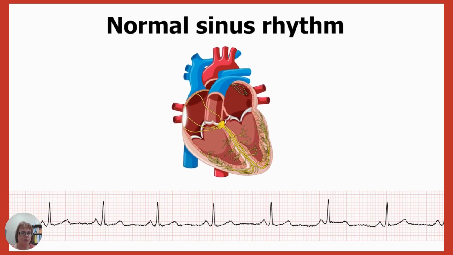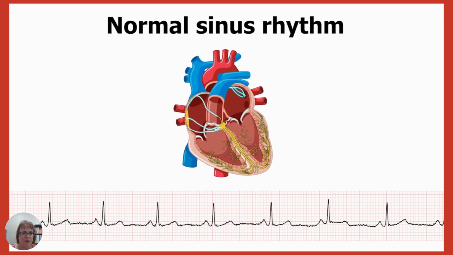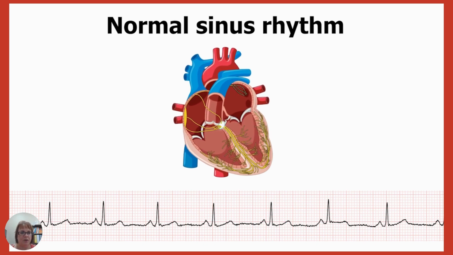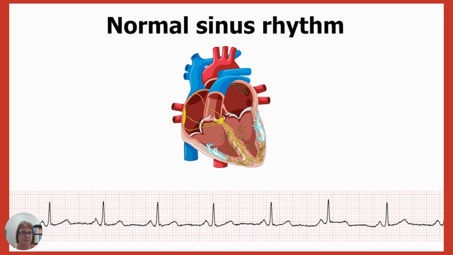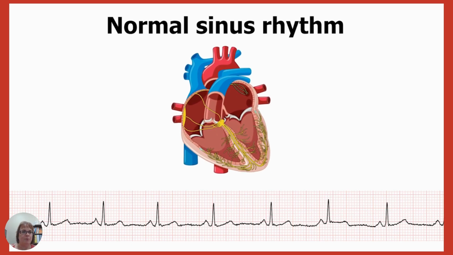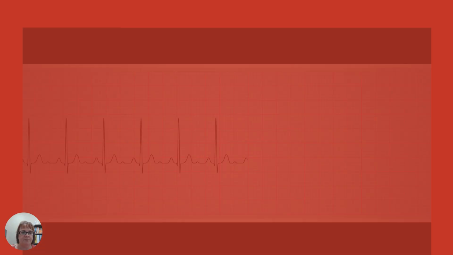So atria do their part, the ventricles do their part. And every QRS has a P wave. So the P wave is the atria pumping. QRS, T wave. P, QRS, T wave. So that's an example of normal sinus rhythm.